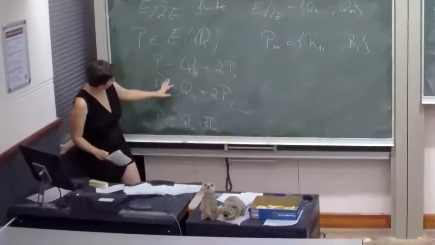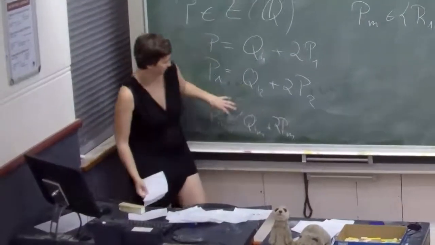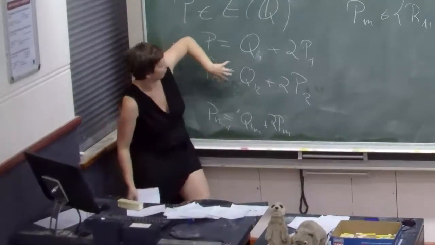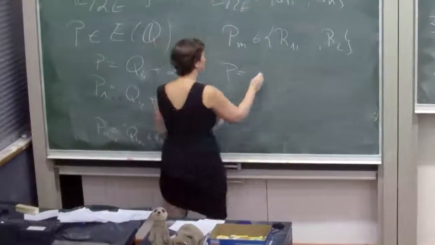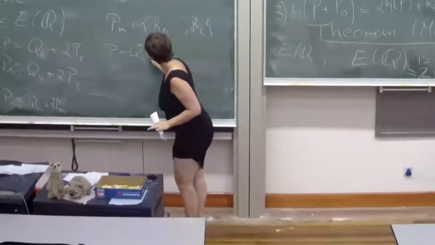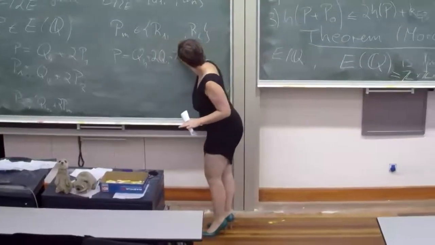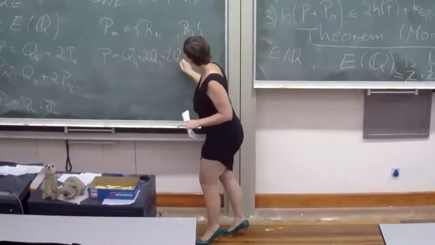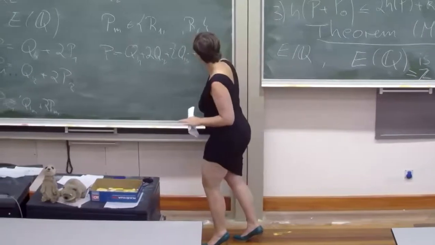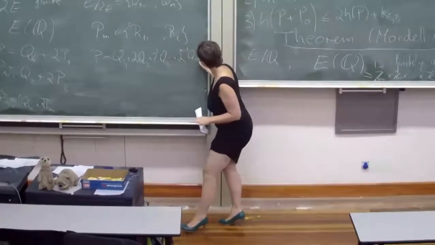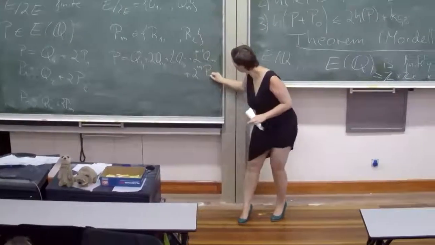And we can use these equations by going backwards and just putting Pm minus 1 here, Pm minus 2 here, and so on. P1, we put it here, and we get P, which was our arbitrary point, is Qi1 plus 2 times Qi2 plus 2 squared Qi3, and so on until 2 to the m minus 1 Qim plus 2 to the m Pm.